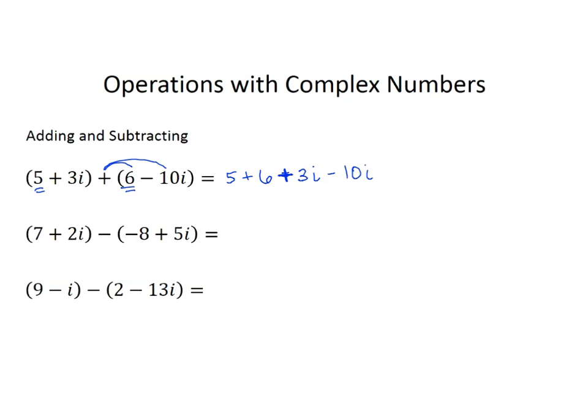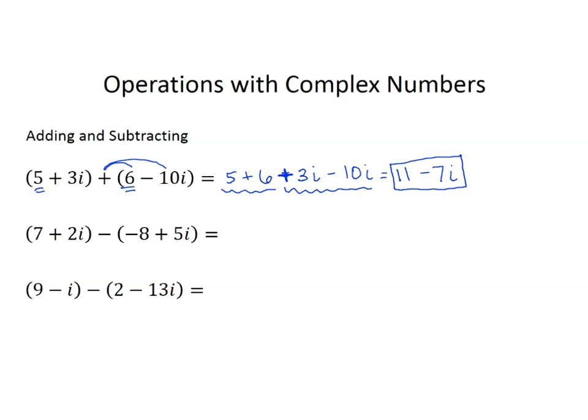I'm just rearranging the terms so that the like terms are next to each other. 5 plus 6 will give us 11, and a positive 3i and a negative 10i will give us negative 7i. And we're done. So now let's look at subtracting.